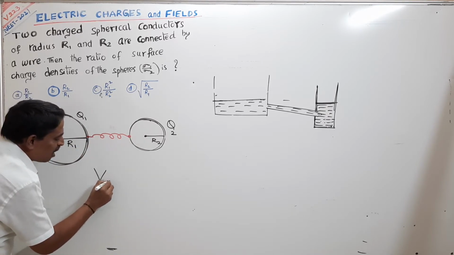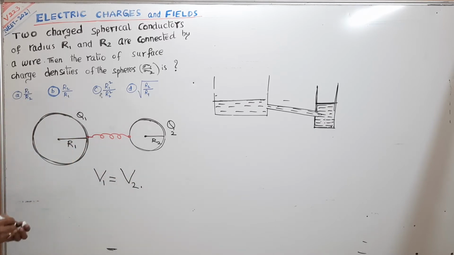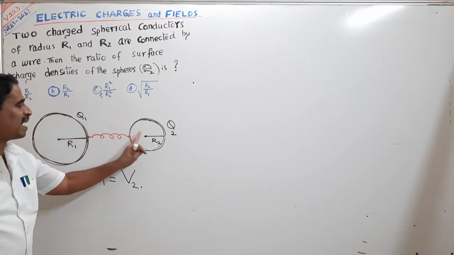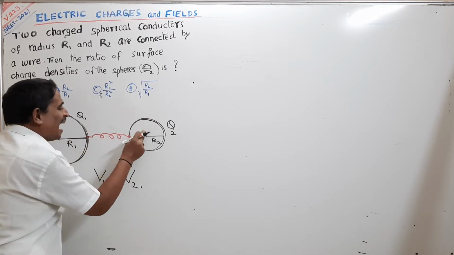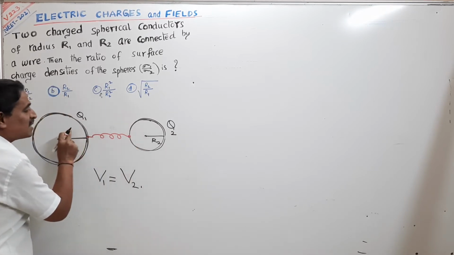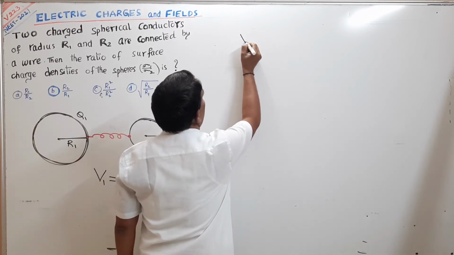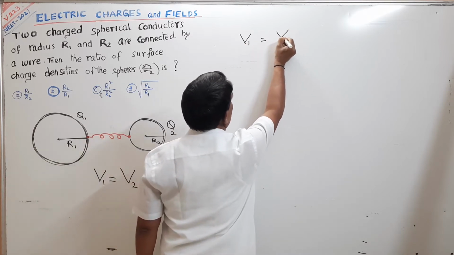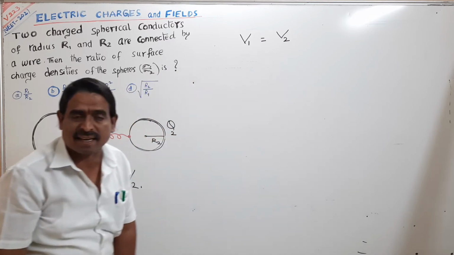Electric potential on the first sphere is equal to electric potential on the second sphere.